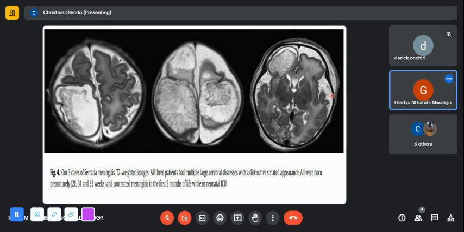It was still quite a premature brain, especially the one in the center. The middle one has no gyral development as such. Could be earlier than 26 weeks, maybe 24.